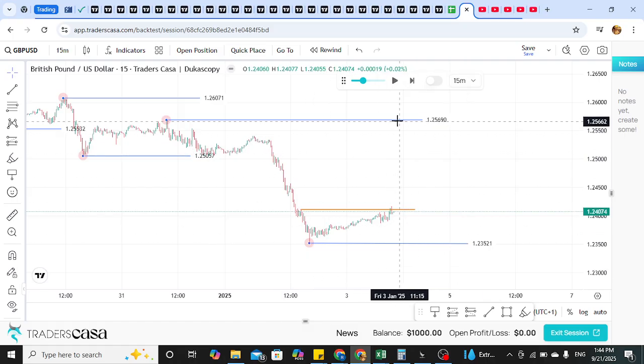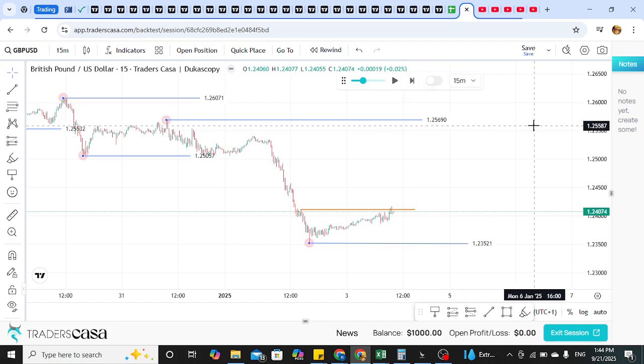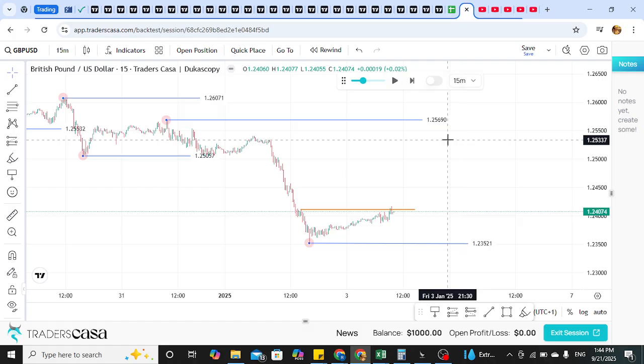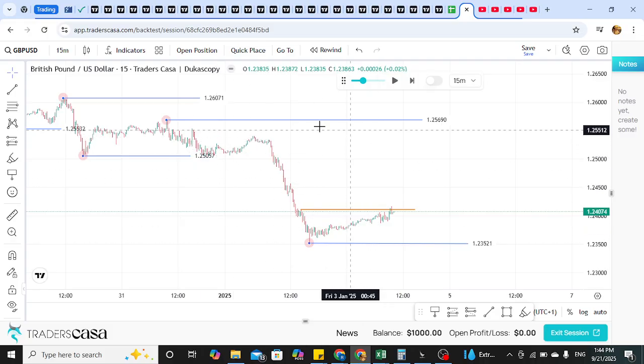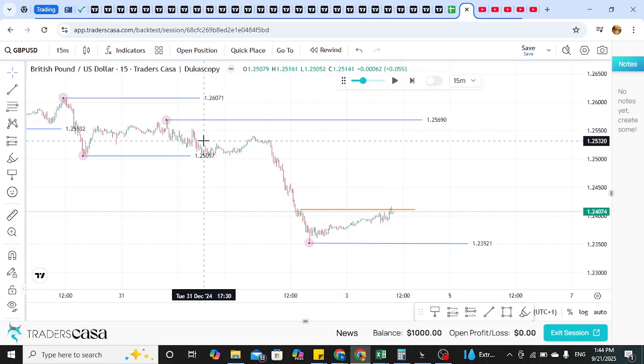If it went up and touched this high, that means it's a change of character, change of sentiment, and we are looking now at other POIs which are buying POIs. Now, because we are in a downward trend, we will be looking for selling POIs or points of interest.